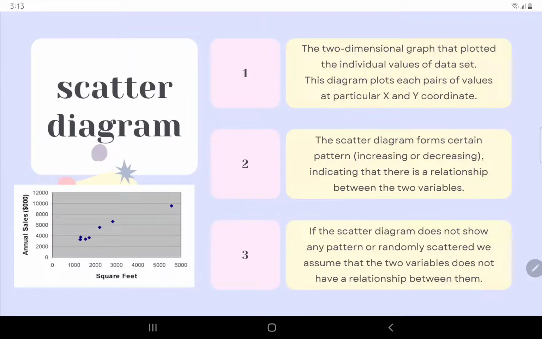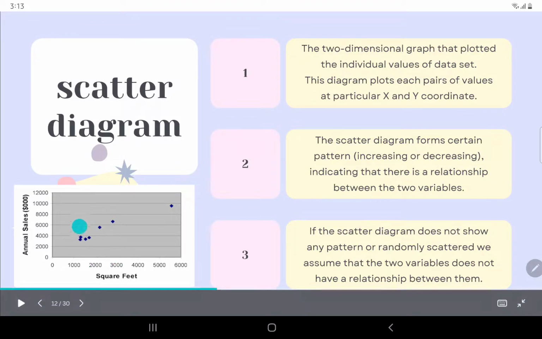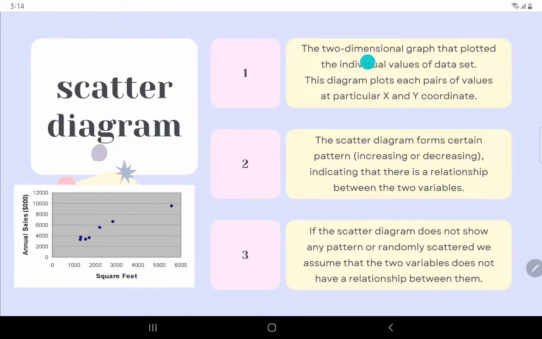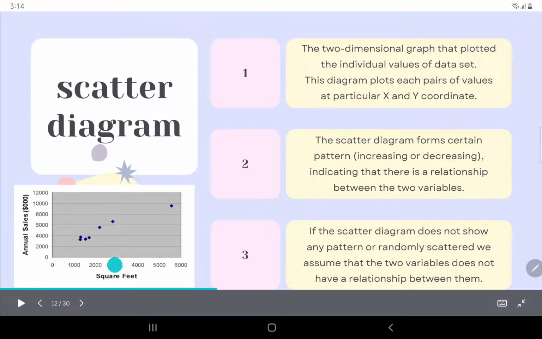Okay, by using scatter diagram, this is the example of scatter diagram. The two-dimensional graph that plotted the individual values of data set. So scatter diagram kita ada two-dimensional, 2D, which we have x-axis and y-axis.